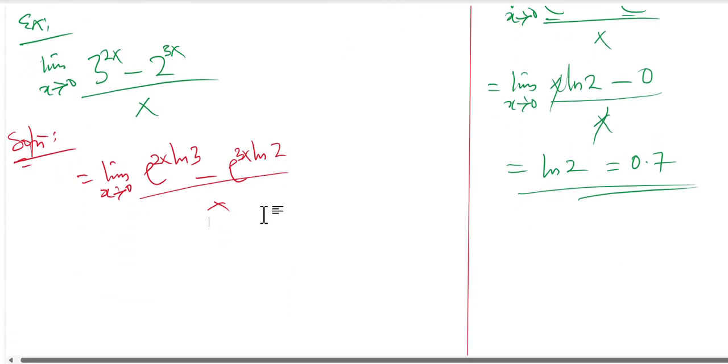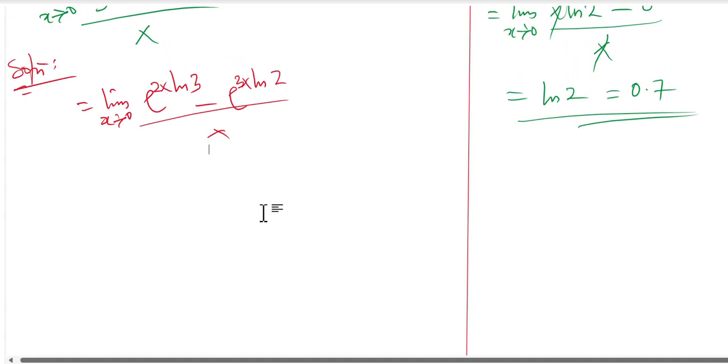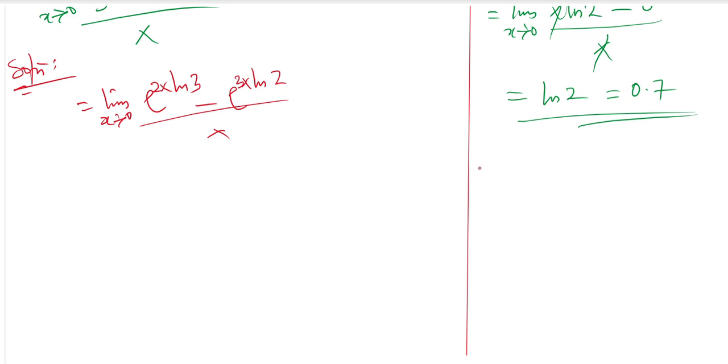If you are still wondering how we got that, remember, for any positive value, let's take the first positive value to be a. The exponential form will be e to the power of ln a. So if a is to the power of x, it's going to be e to the power of x ln a.